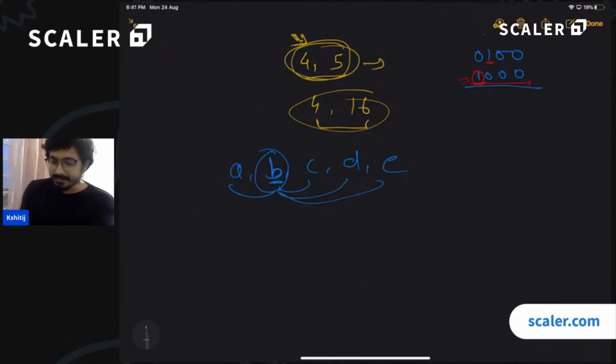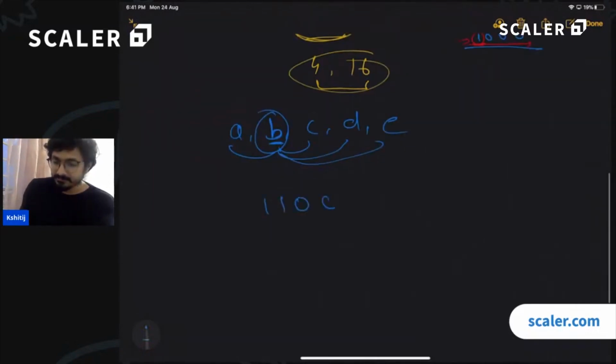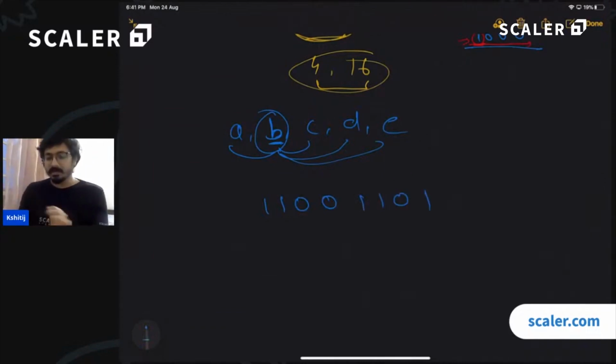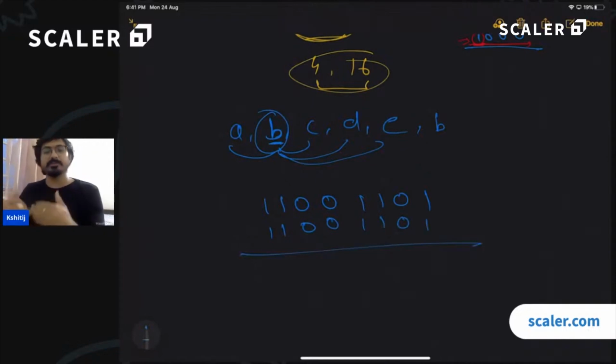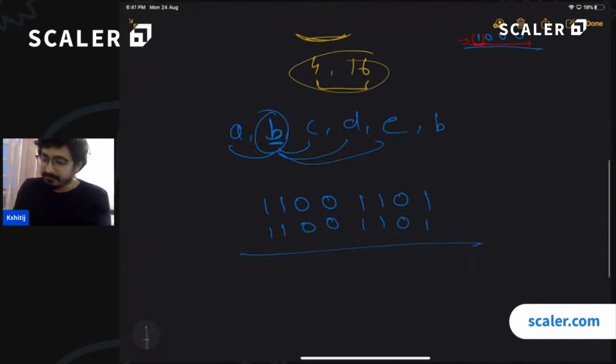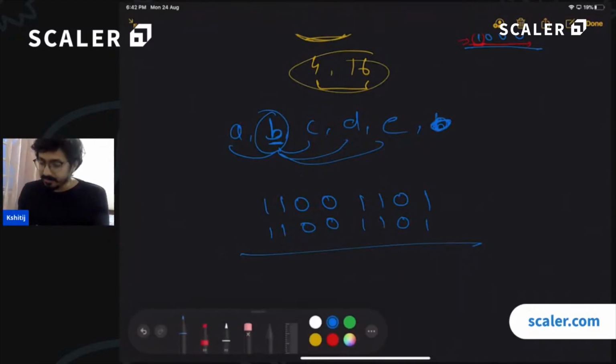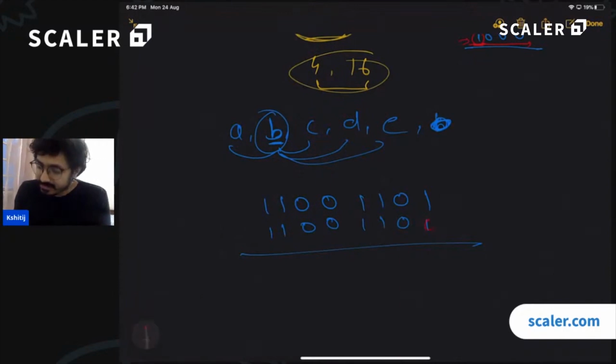Let us say that b has this as the binary representation. Now a number which has the exact same binary representation, which means that if I have b again in this array, then this definitely is going to give the minimum XOR. But if b is not present, what should be the next choice? The next choice would be a number which has just this bit as different, and all the other bits should be the same, right?